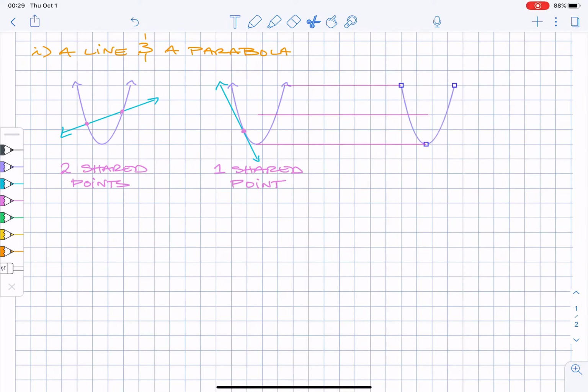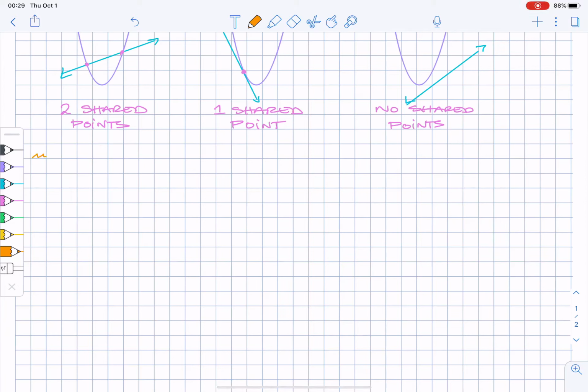And the final possibility is going to look something like so, where they have no shared points. And of course, the number of shared points corresponds to the number of solutions the system will have. So think of shared points as analogous to solutions.